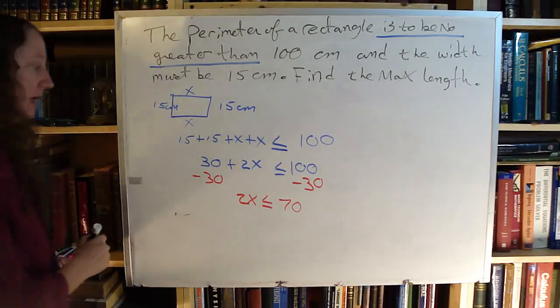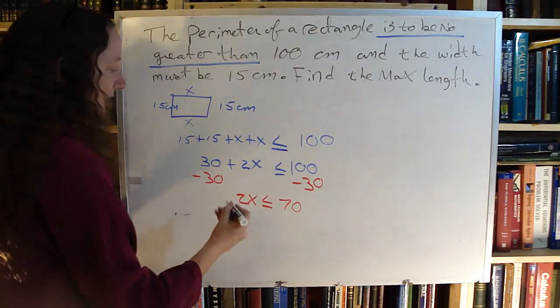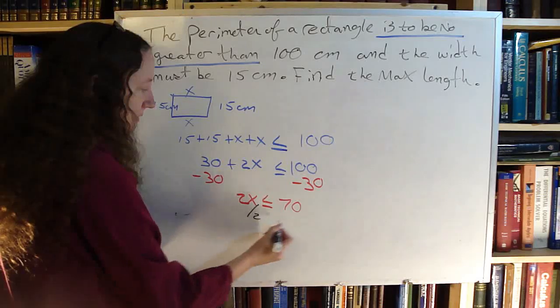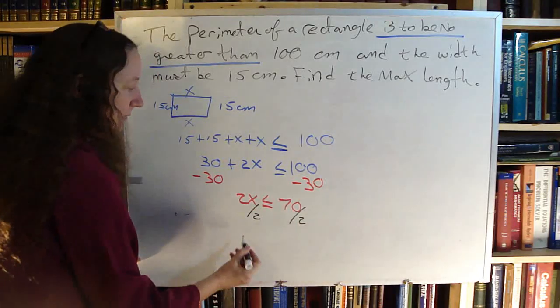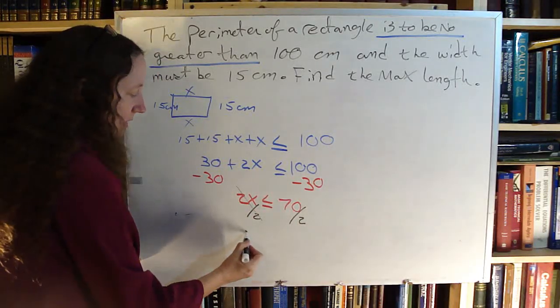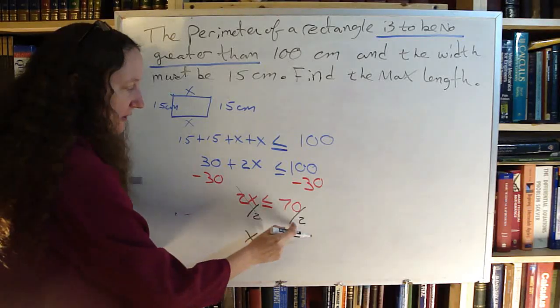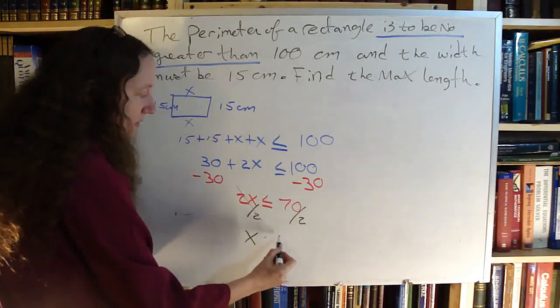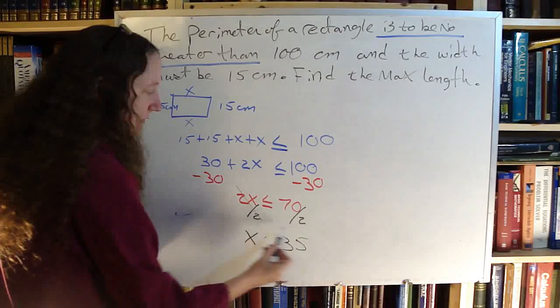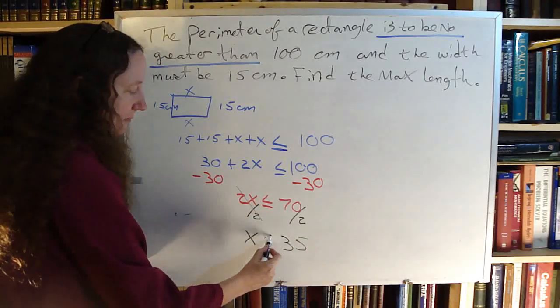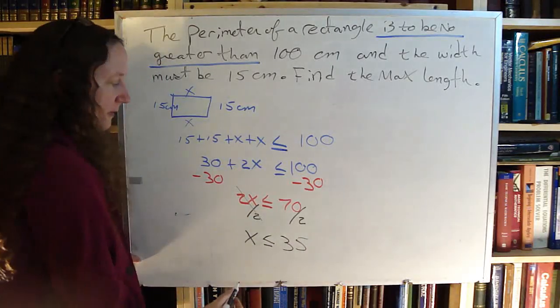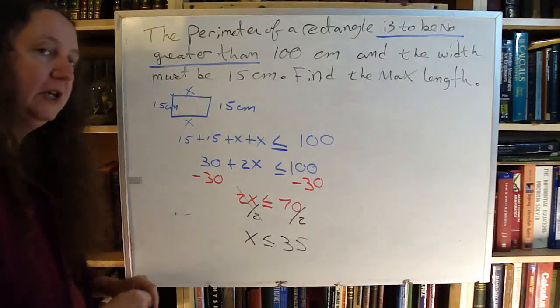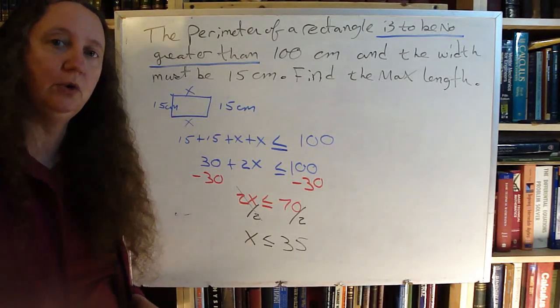X is not alone yet. I need to divide the 2 out. 2 cancels 2. I have x. 70 divided by 2 is 35. Keep my symbol the same. And now, because it's a word problem, I need to include my units on it.